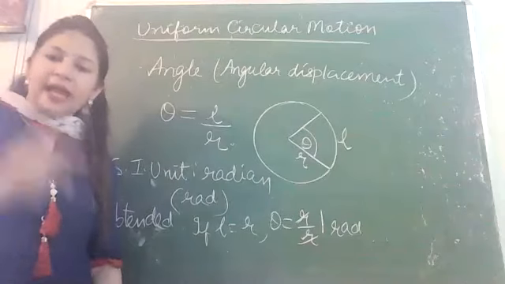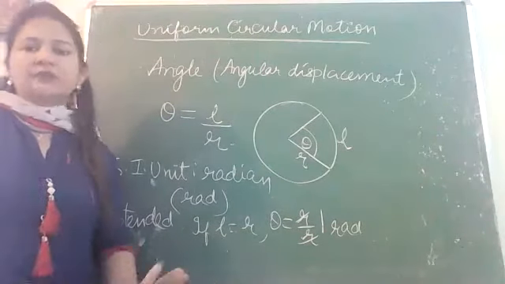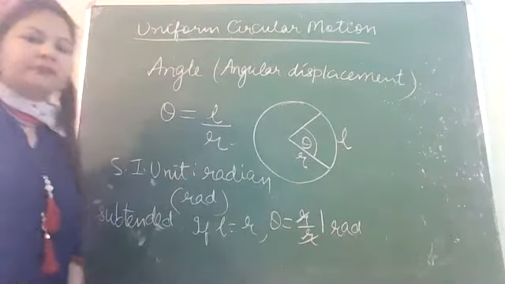So 1 radian is the angle when the length of the arc is equal to the radius of the circle. Very simple. Okay? Let us go on.